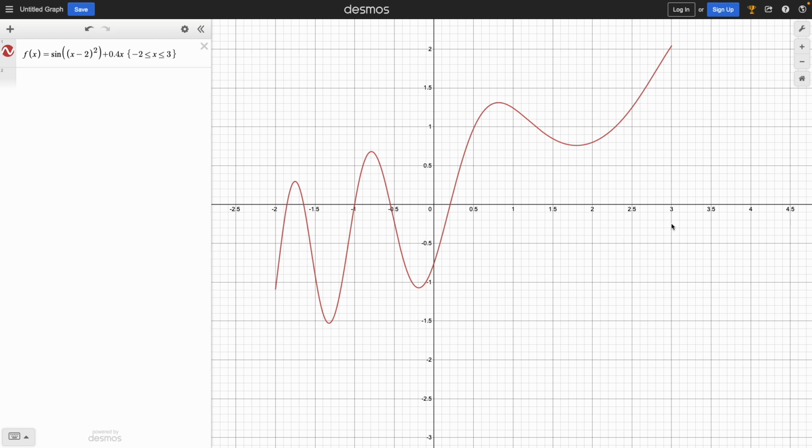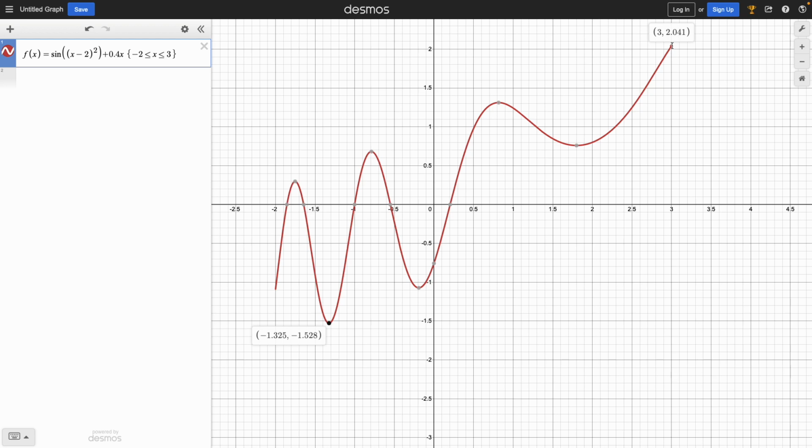Looking at this function, I can see that the smallest possible value for f of x is roughly -1.52, and the greatest possible value I can get is 2.04.